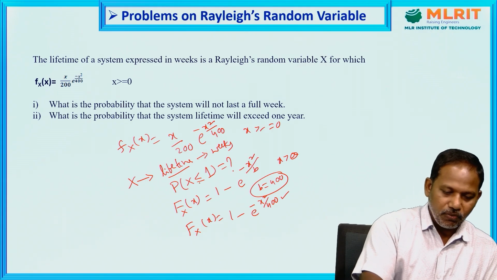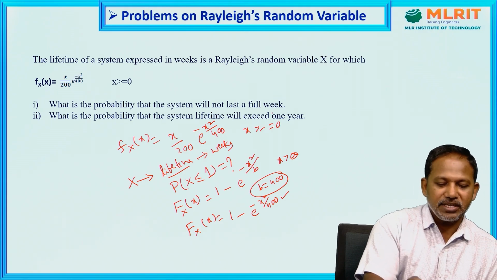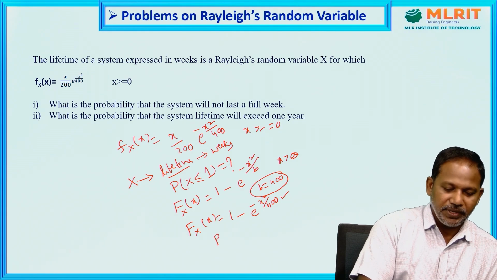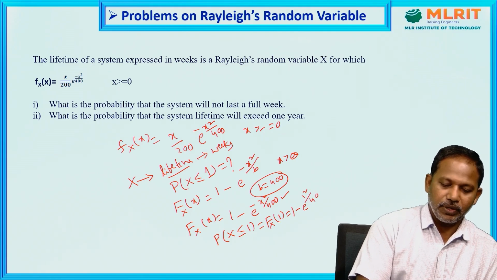Now I need to find the probability that the system will not last a full week, that is P of x less than or equal to 1, which is equal to capital Fx of 1, which is 1 minus e power minus 1 square by 400, since x is 1.